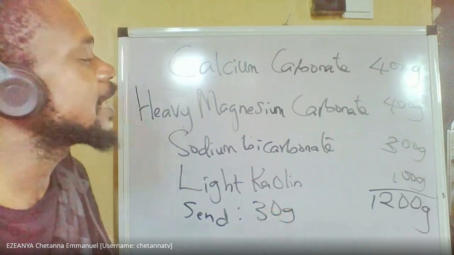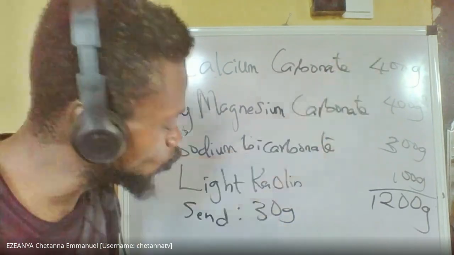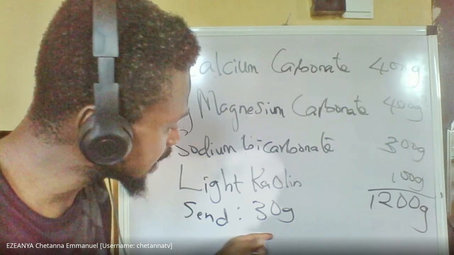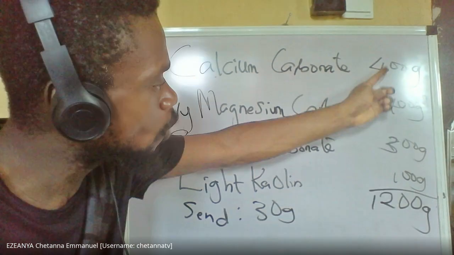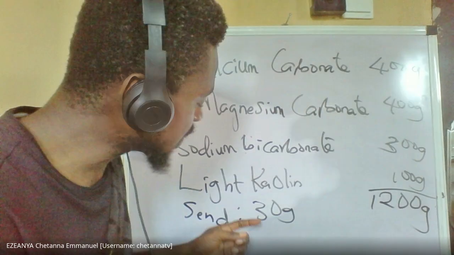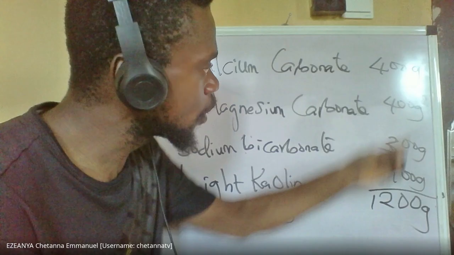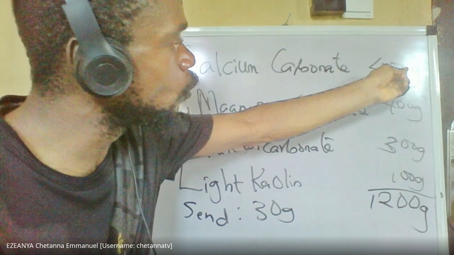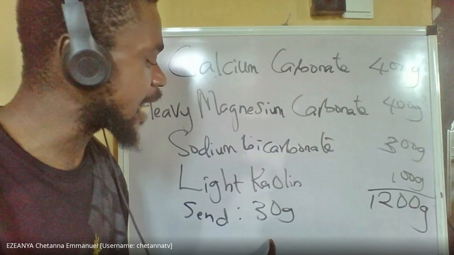Then you can also do it using proportion with all these things here, and get the required amount for 30. If all this is for 1,200, you can set a proportion with 30 and 1,200 grams. And with 400 grams, you find what will be under 30 grams for this particular compound.